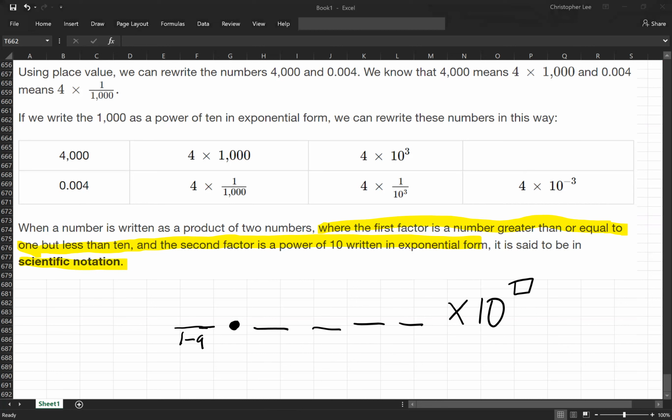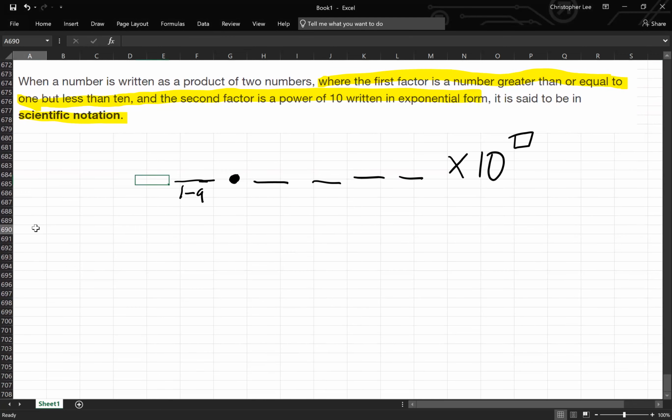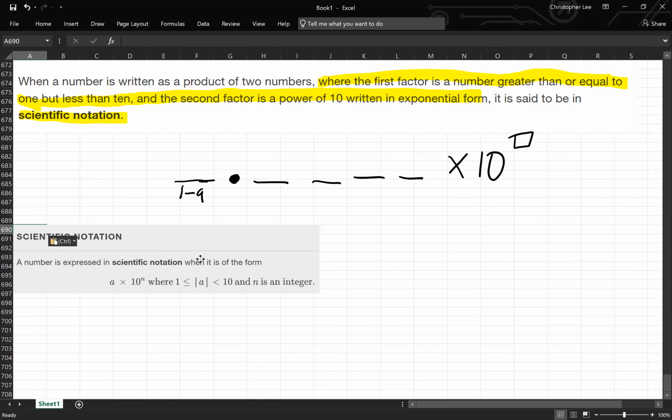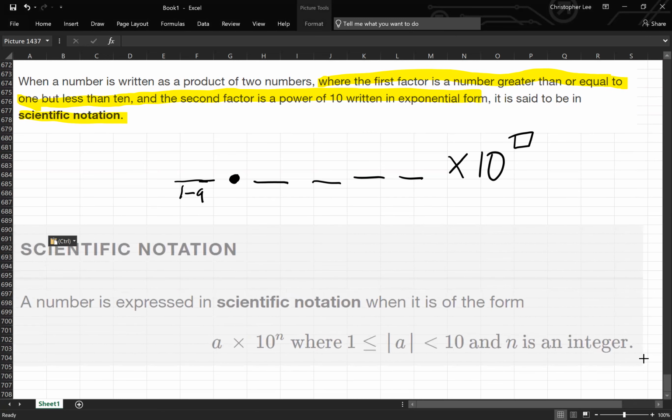You're going to deal with really, really small things or really, really large things, because different sciences deal with different stuff. Science started becoming precise.